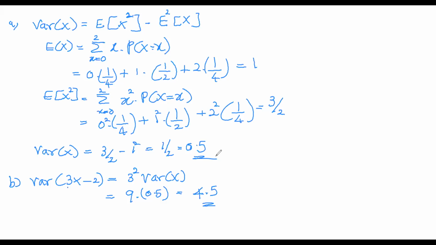So that is all about the expected value and variance. In the next lecture, we are going to learn moments, a new section. The last part of chapter 2 is about moments. So next Monday, we are going to discuss that.